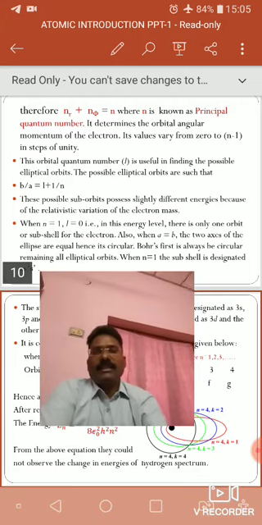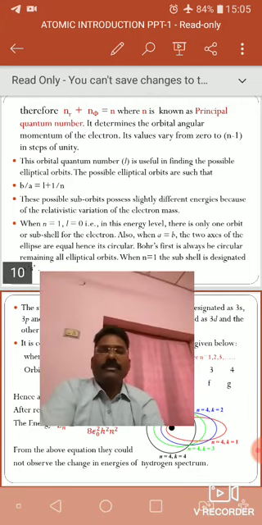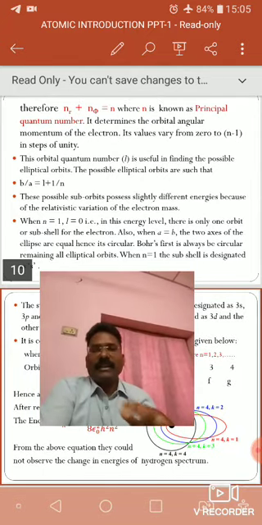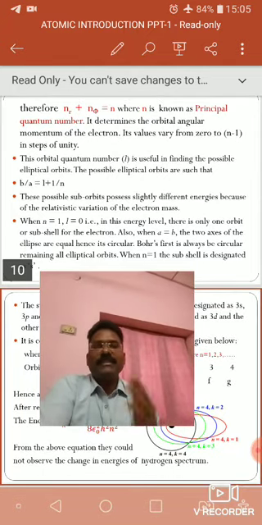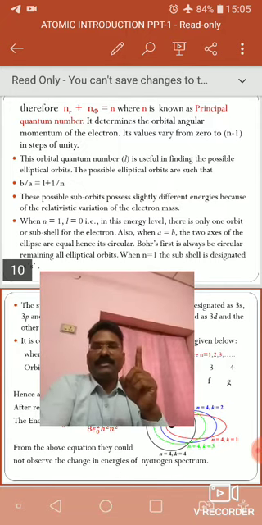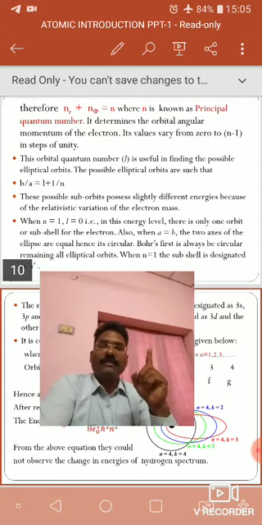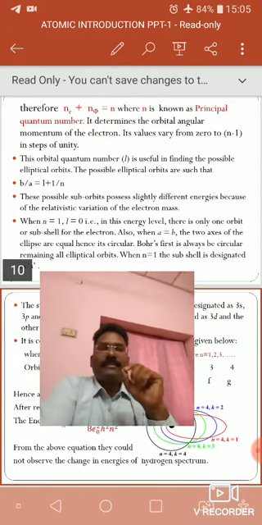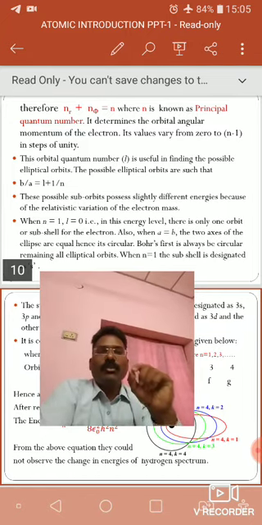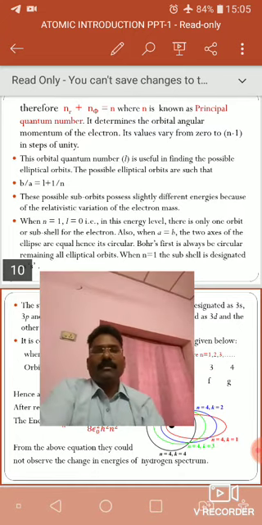And then next, n equal to 1, L equal to 0. I have already explained this point. When n is equal to 1, the principal quantum number refers to the K orbit. Then L is equal to n minus 1, which means L equal to 0. In this energy level, there is only one orbit or subcell for the electron.